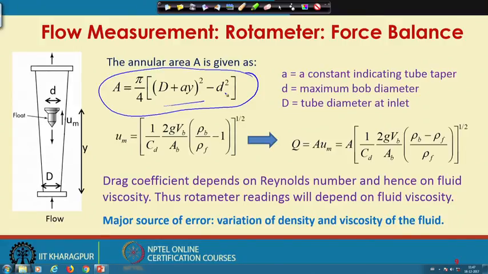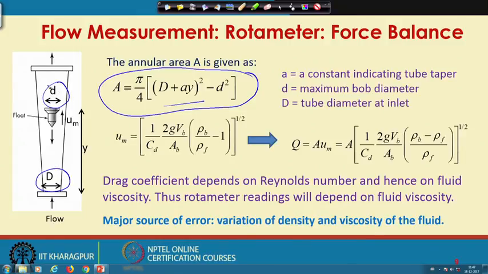What is this capital D and small d? Capital D is the tube diameter at the inlet and small d is the maximum float or bob diameter.